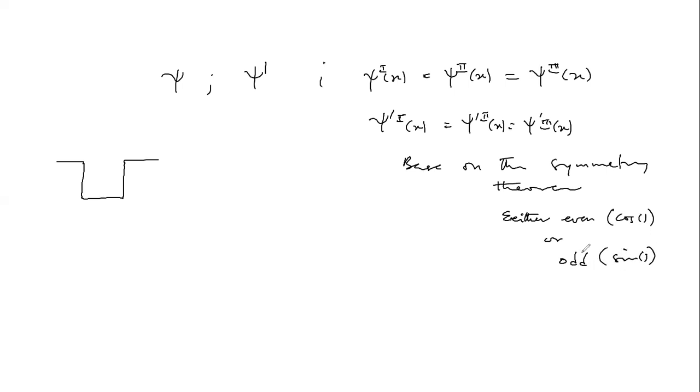So if, for instance, the solution in the well is cos, let's assume it is cos. So we are going to have something like this in the well. This is the well, so we're having a cos function in the well.